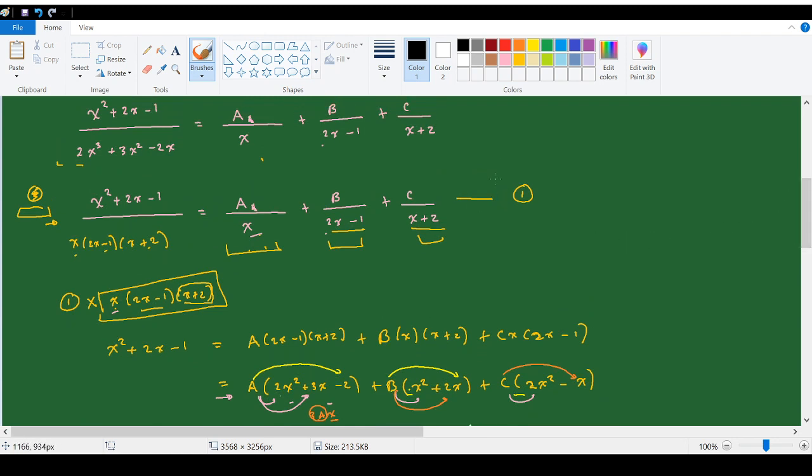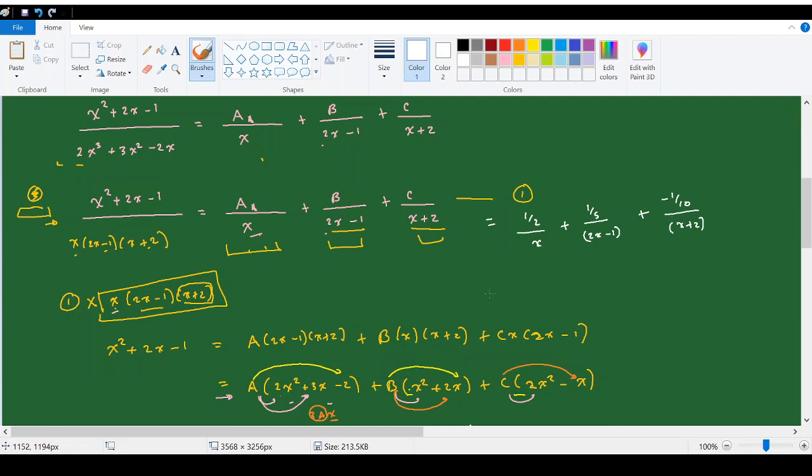Therefore we can easily write down the complete partial fraction of our given expression, where since a is half, we can write it like half over x, and since b is equal to 1 over 5, we have 1 over 5 times 2x minus 1, and for c we have negative 1 over 10, which is this one.